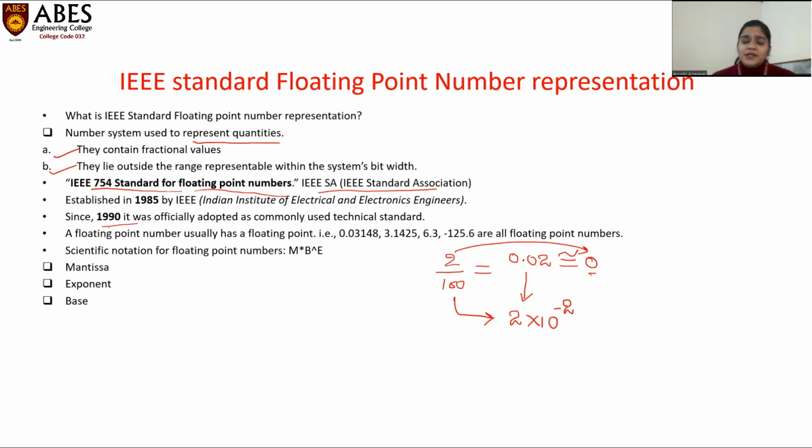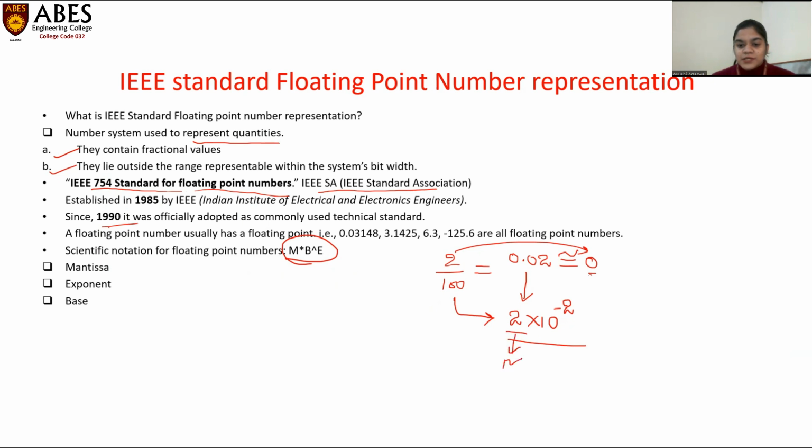There are various methods or standards of representing floating point numbers, and among all those standards, we are studying this 754 standard. In this 754 standard, we represent any floating point number in the form of m into base to the power of exponent. This is what is represented over here. This 2 is our m.